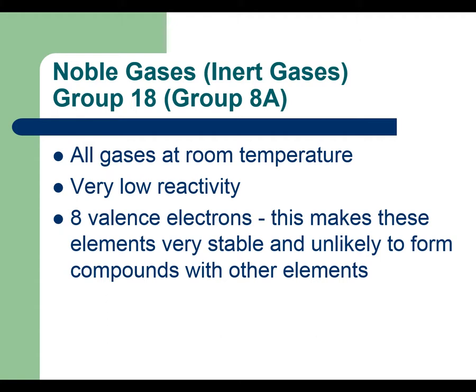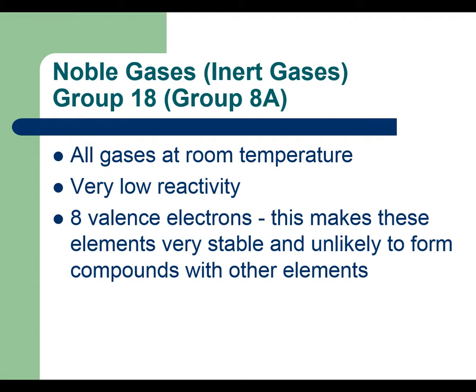Yep. Okay. So that's a good question. Donna said if they have 8 valence electrons, what's up with helium? Why is it in that column? Helium has how many electrons, Donna? 2. But those electrons both go in which orbital? Specifically 1s, right? But are there any other orbitals in the first energy level?